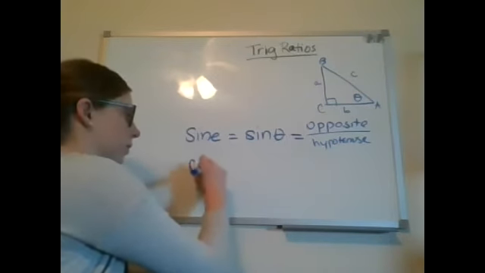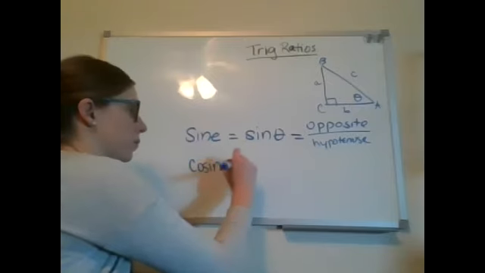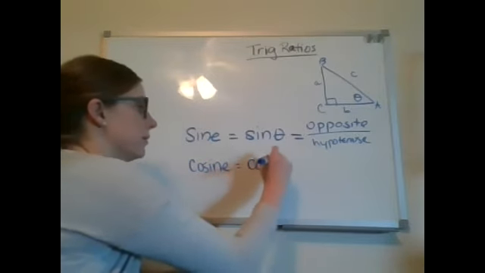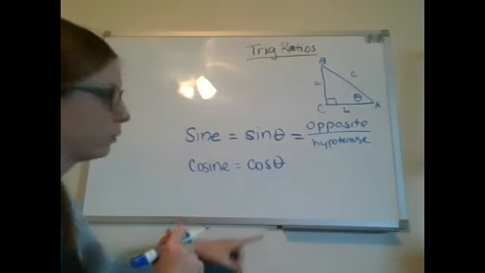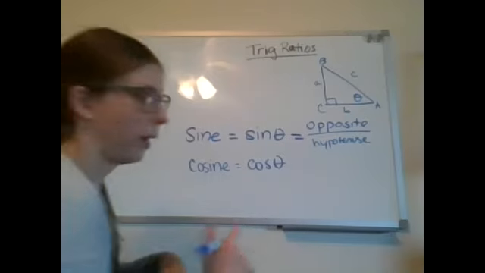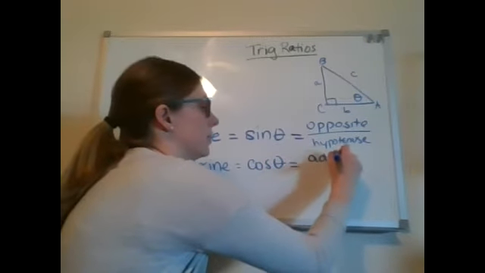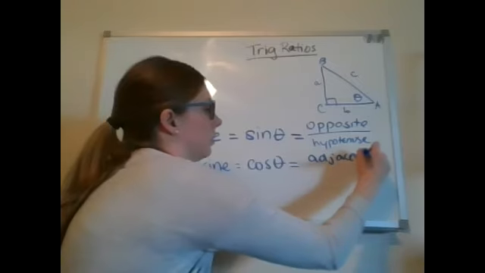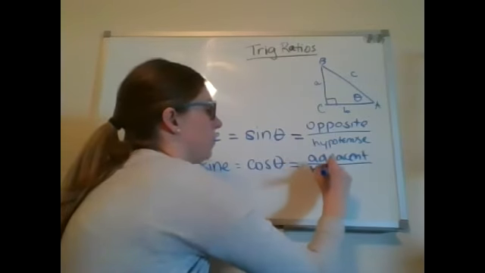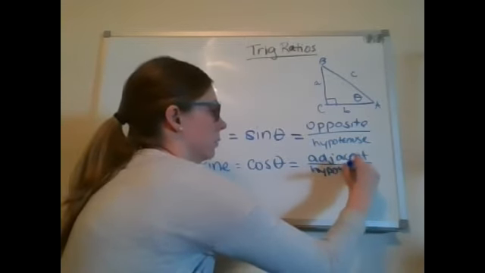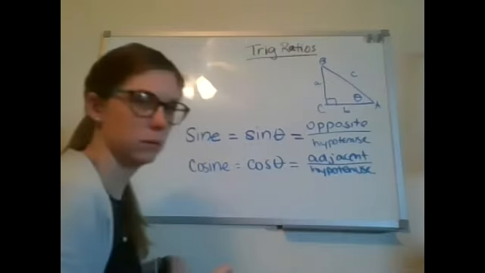Next one is cosine. We abbreviate it cos theta, which is read cosine theta. It is the adjacent side over the hypotenuse. You with me so far?